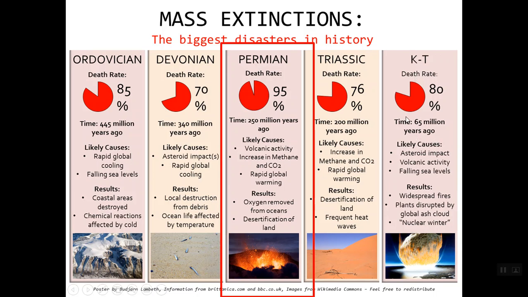But there is another one that is interesting and important to remember for us, the last one basically, that happened about 65 million years ago, where we think that a big meteorite actually hit Earth. And this also created a lot of climatic changes because of fires, widespread fires.